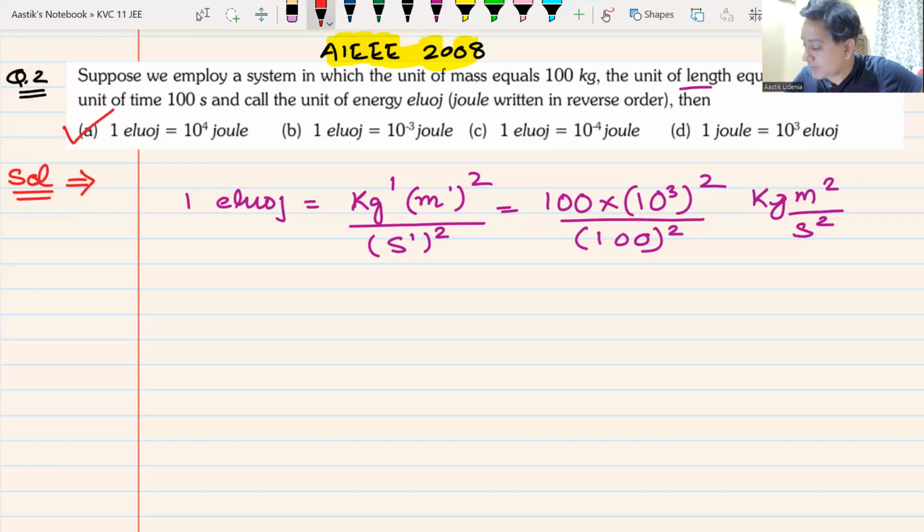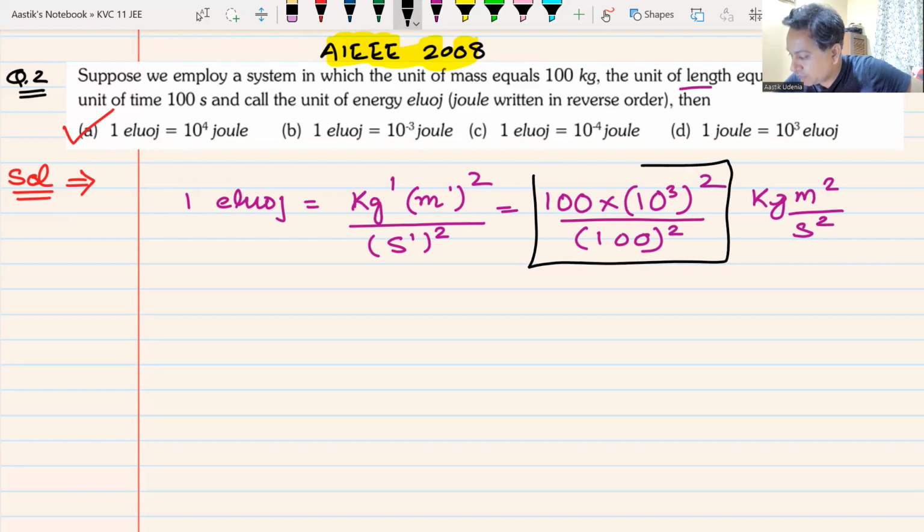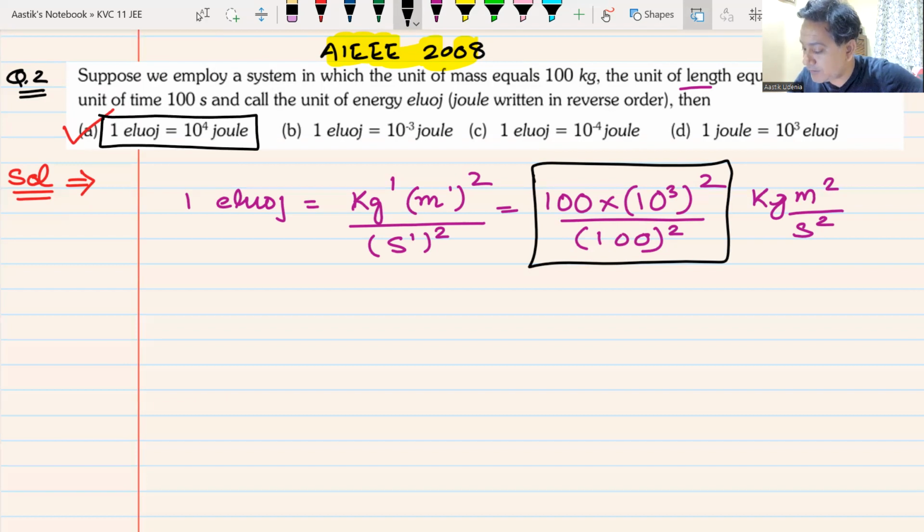That is correct. I am not going to solve this for you, because if I keep on solving things like this, you will never learn how to solve them. It's simple. You just have to divide powers of 10. Yes or no, everyone? So the answer would be 10 raised to the power 4. 1 elog will be 10 raised to the power 4 joule.